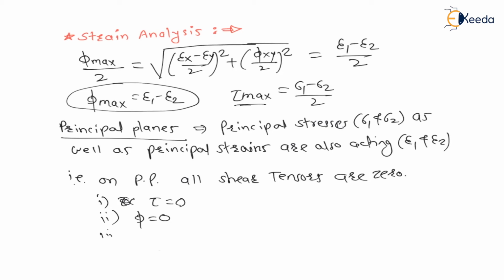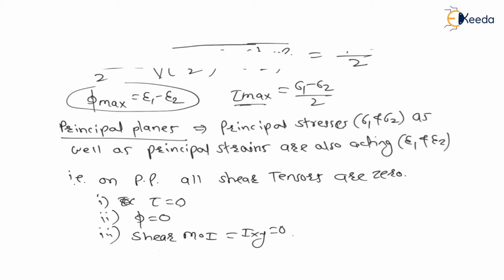And third, area moment of inertia is a tensor quantity, therefore shear moment of inertia, that is Ixy, is also zero. Means on principal plane shear stress, shear strain as well as shear moment of inertia all are zero, and principal stresses as well as principal strains are acting on the principal plane.